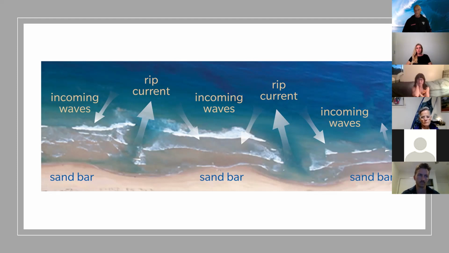But rips can actually be your best friend as a surfer, because instead of paddling out through the wave breaking zone where it says incoming waves, you can just jump in that rip and go straight out and then paddle across to where the waves are breaking, or be on that edge anyway. So that's basically what a rip does.